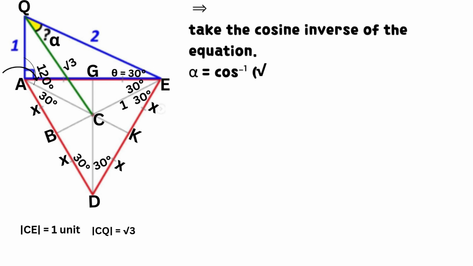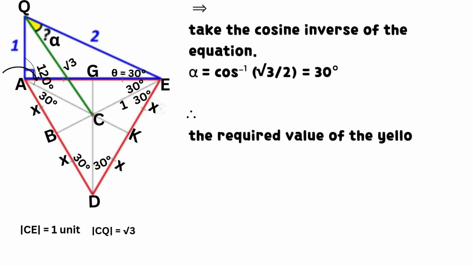Take the cosine inverse of the equation. Alpha equals cosine inverse of half of the square root of 3, which equals 30 degrees. Therefore, the required value of the yellow angle is 30 degrees.